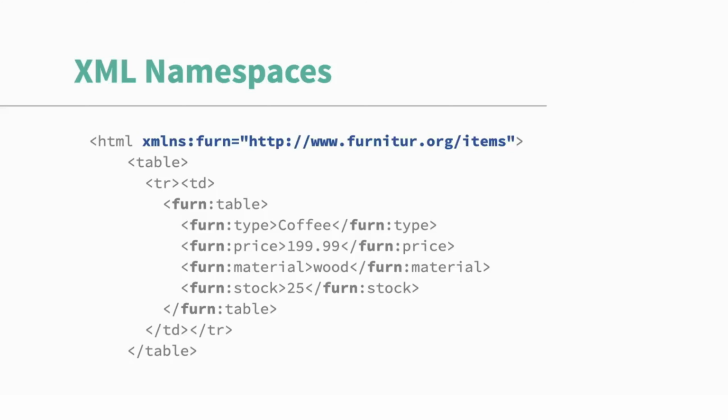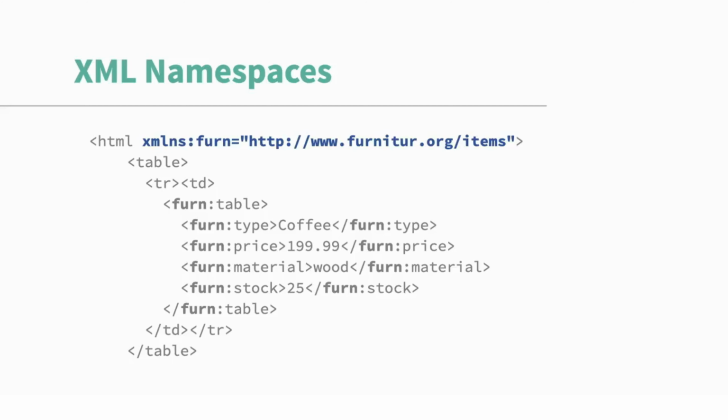Inside my HTML, I would define my table just like I always do. And I'd have my table tag, my table row, right, table cell. But now, in order to include the furniture table definition, I simply put the prefix of my namespace name in front of the tags that appear in my furniture table namespace. And you can see that that matches up with the namespace definition I included at the top of the file.